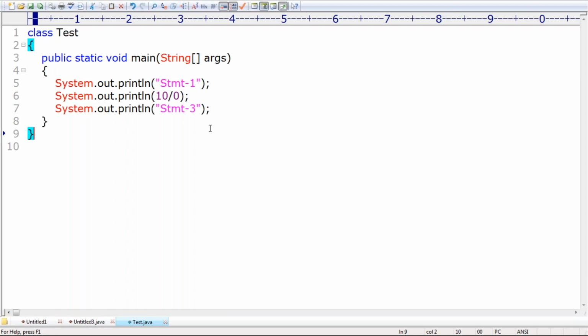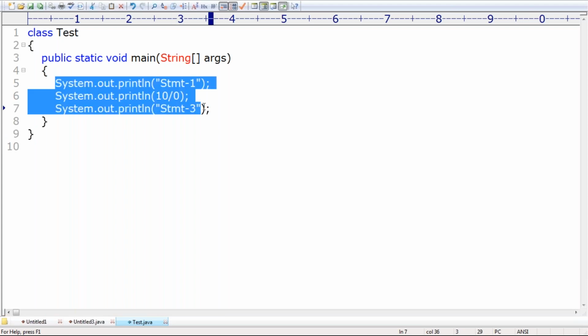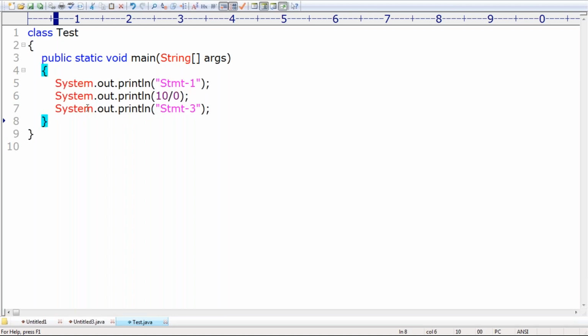Very simple, son. Very simple. Observe that. Now in this code, there is some code which may raise an exception. Remember that. Which code may raise an exception? Line number 2 itself is the code that may raise an exception.